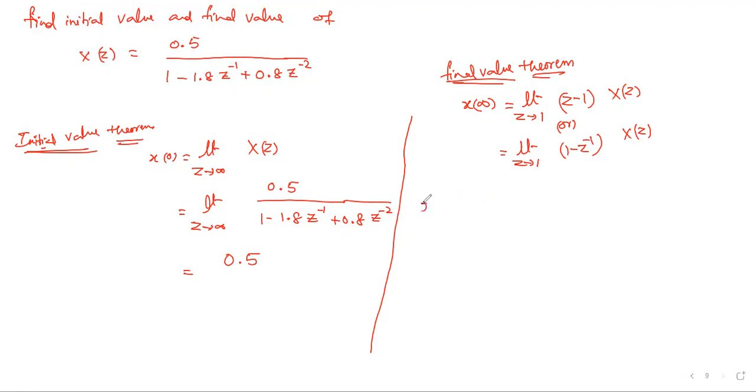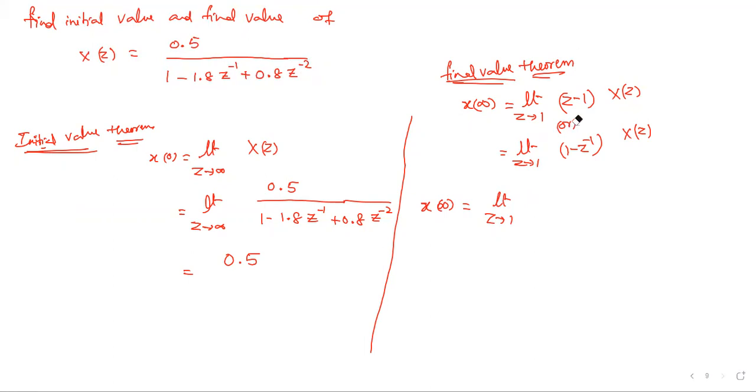Which one will we use? Here they gave z inverse, right? So either we can write 1 by z and send it to the numerator, or we can use this z inverse directly.